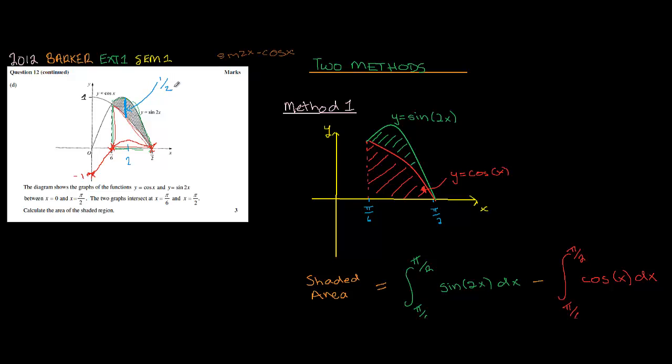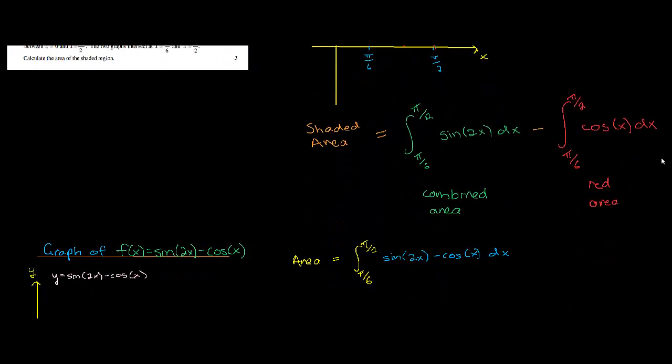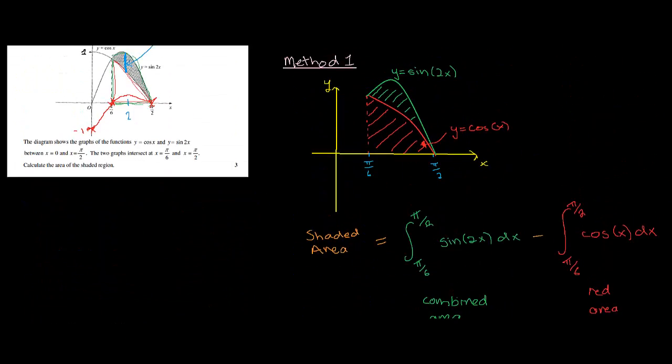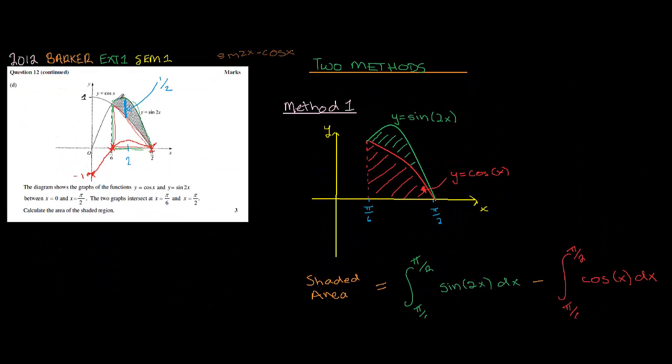Then on this graph down here, sine of 2x minus cos of x, at the point 2, this distance here would also be a half. So this pink region that I've shaded, between pi on 6 and pi on 2 of sine of 2x minus cos of x, will be exactly the same area as this shaded region just here.